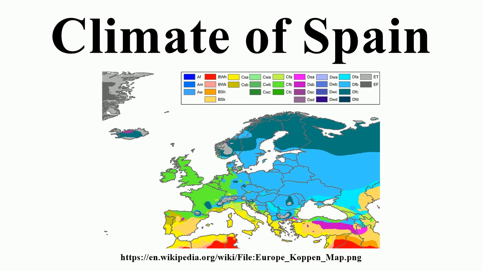Parts of the southeast coast also have a hot arid climate, with annual average temperatures above 18 degrees Celsius and annual rainfall below 200 millimeters. Almería province is the only area in Europe within this climatic zone.